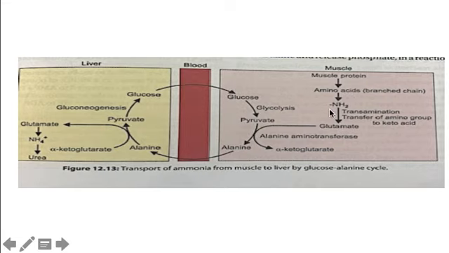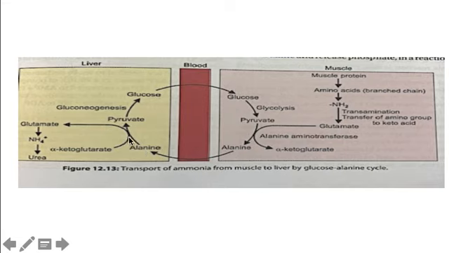The amino group by transamination reaction gets converted to glutamate. Then this glutamate, in the presence of alanine aminotransferase, gives alpha ketoglutarate, and pyruvate is converted to alanine. This alanine from the muscle tissue traps the ammonia and transfers it into the liver tissue, right?